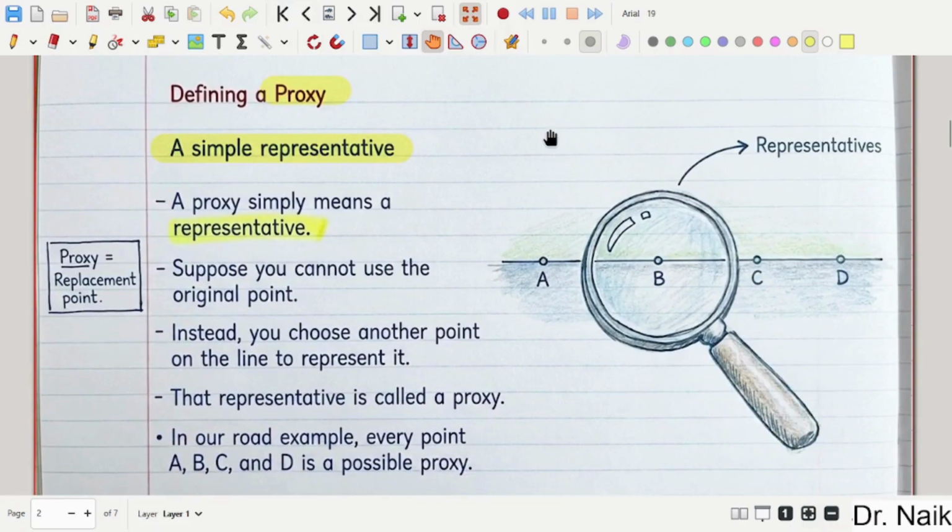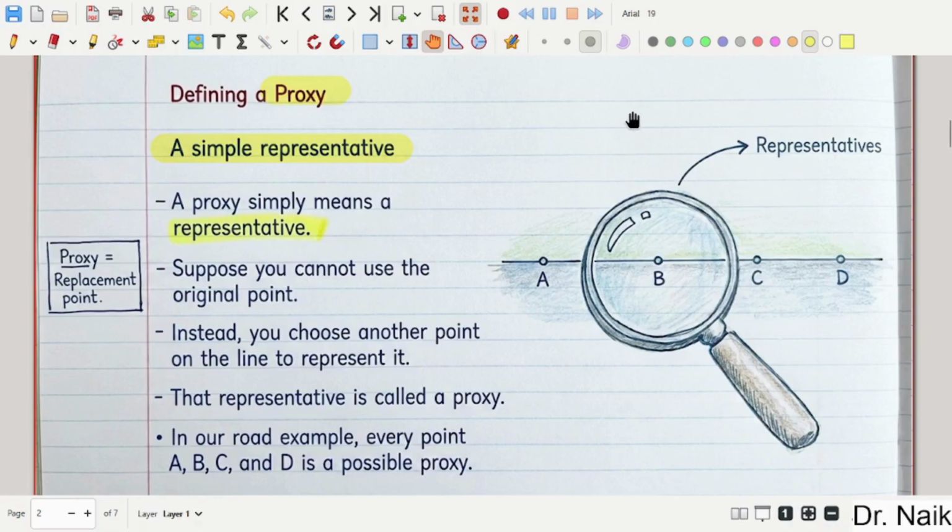What do you mean by the proxy? A proxy means a representative. Suppose you cannot use the original point, and instead you choose another point on the line to represent it. Then that representative point is called a proxy.